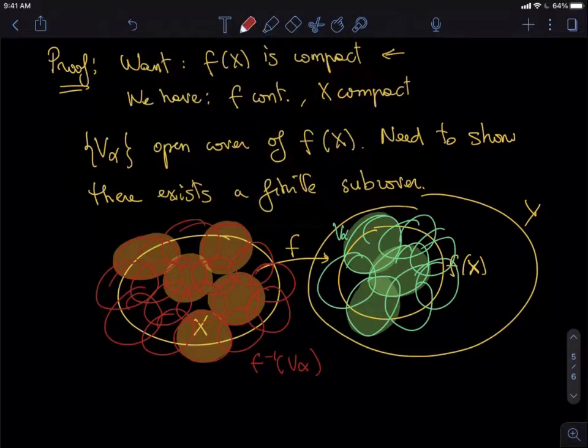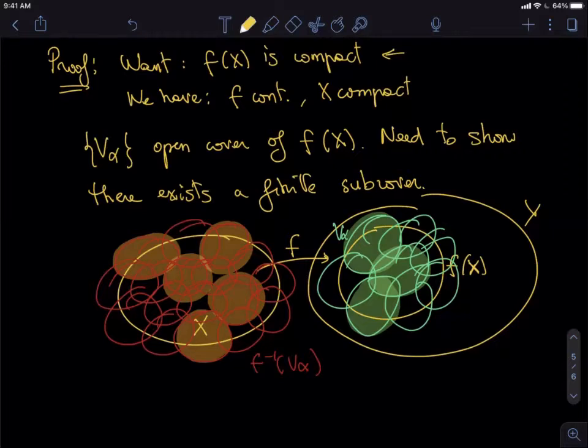Again, we are going to send the whole cover V alpha back to X using the inverse of f, then use the compactness of X to say there is a finite subcover by this f minus 1 of the V alpha. And then for those, we send them back forward, and those will give me the finite subcover of f of X. So that's the idea.